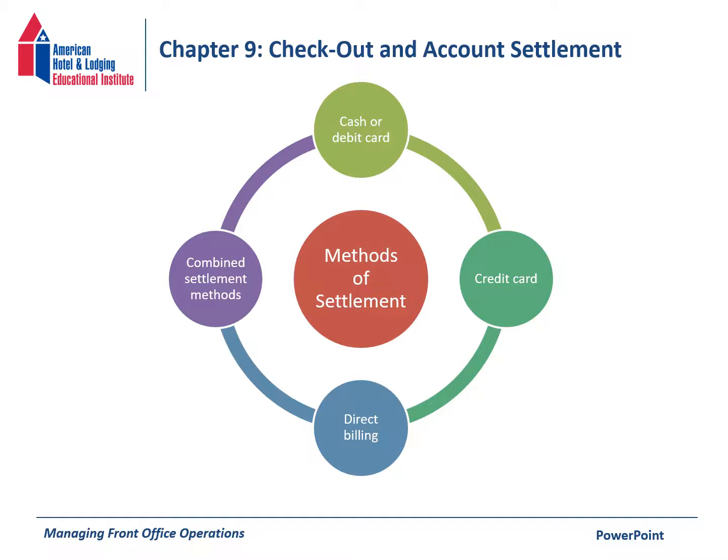And then what's combined settlement method? Basically any one of these three. It can be direct bill for the room and tax, and then it can be credit card or cash or debit card for the incidentals. The fastest one is cash.